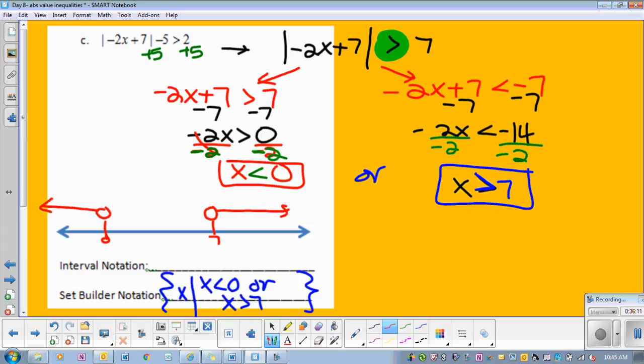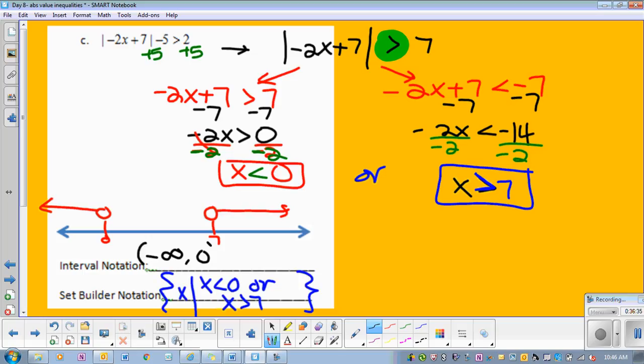Now, what is my interval notation? Stop spacing out. What is my interval notation? I'm starting from the left. I have an arrow going to the left. Negative infinity to 0, and they both get parentheses, good.